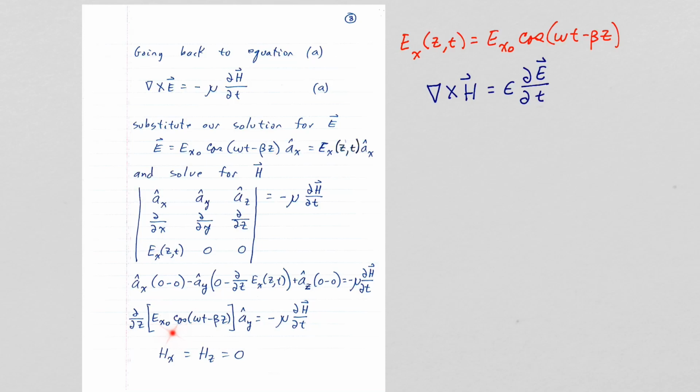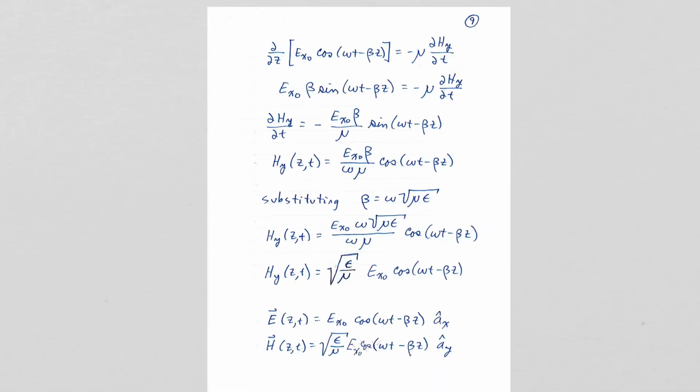Performing this differentiation, we get this term, which we can now integrate to solve for our magnetic field intensity. Replacing beta with the condition we have for our uniform plane wave from solving Maxwell's equations, we get the final form for our magnetic field intensity.